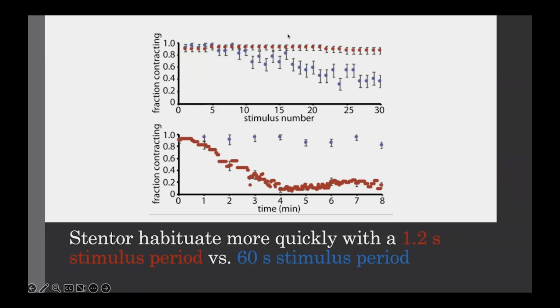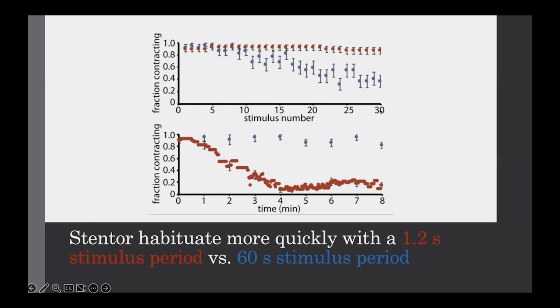So in red here, we have the high frequency data when they're getting the tap once every 1.2 seconds. And in blue here, we have the normal conditions. They're receiving a tap every 60 seconds or every 1 minute. So as the stimulus number increases, there actually appears to be faster learning in the normal group.